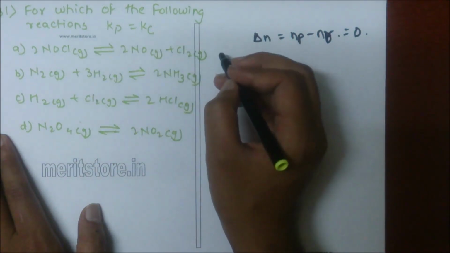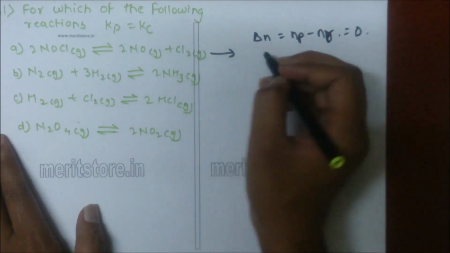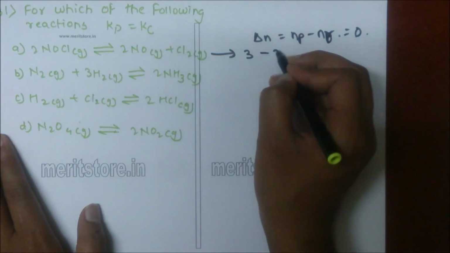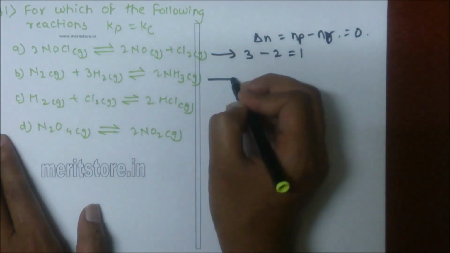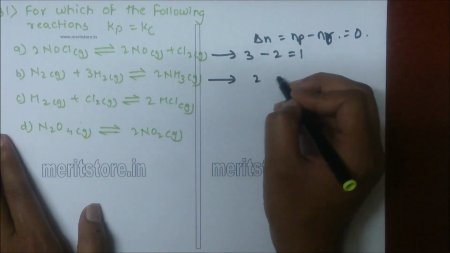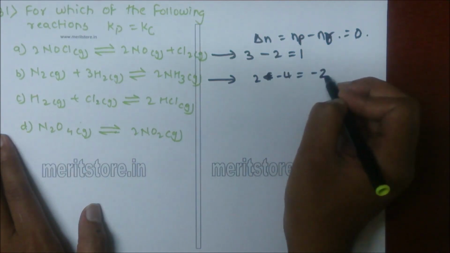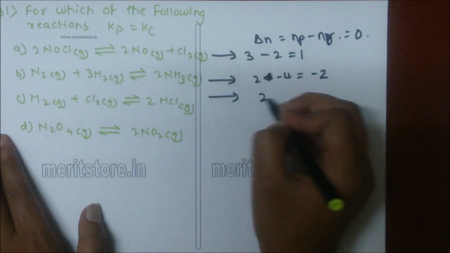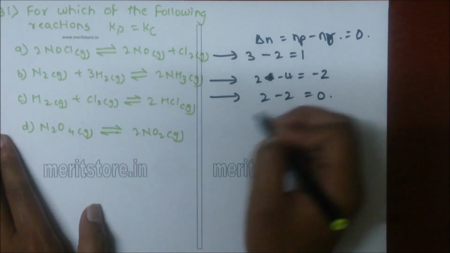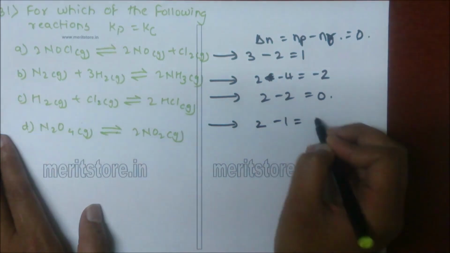In the first equation, the number of moles is 3 minus 2, which is equal to 1. In the second equation, the number of moles of gaseous reactants and products are 2 minus 4, which is equal to minus 2. In equation three, it is 2 minus 2, which is equal to 0, and in equation four it is 2 minus 1, equal to 1.